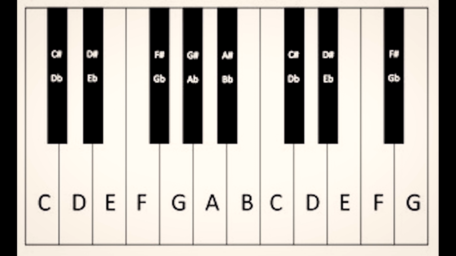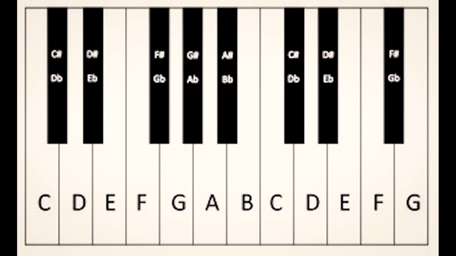Similarly, the black key next to G is called G sharp and the black key next to A is called A sharp.